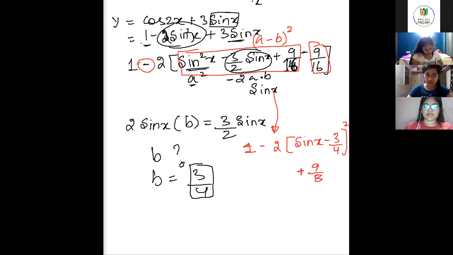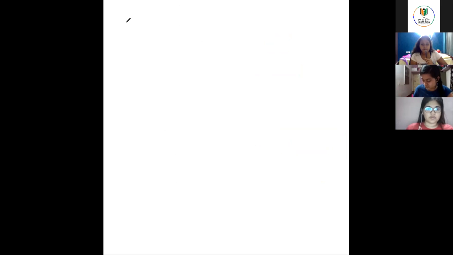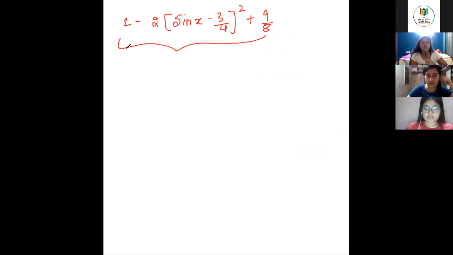I'll tell you one thing here. Just observe this thing. I'm clearing all of this and I'm just writing the final answer on the top. So your answer that you got is 1 minus 2 sin x minus 3 by 4 whole square plus 9 by 8. Now tell me, we have to find the maximum value of this, correct?